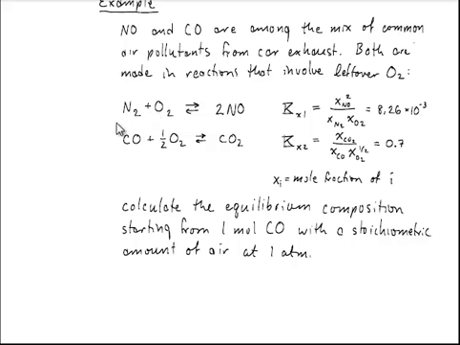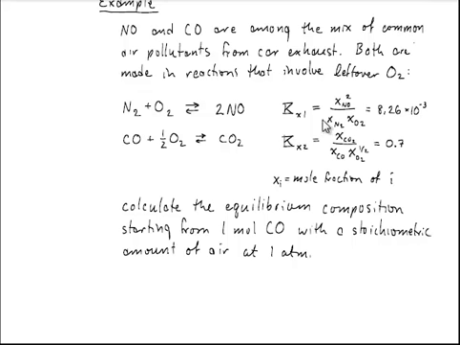So when nitrogen gas combines with oxygen to make two molecules of NO, we also have a reaction that takes carbon monoxide, an unspent, basically incomplete combustion product, and combines it with oxygen to make CO2. The equilibrium constants for these two reactions in terms of the mole fractions of the gases are 8.26 times 10 to the minus 3 for the first. So this one's going to only proceed a little bit to the right and mostly be over here on the left.